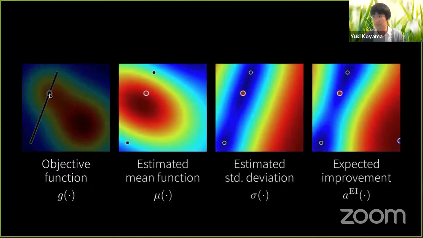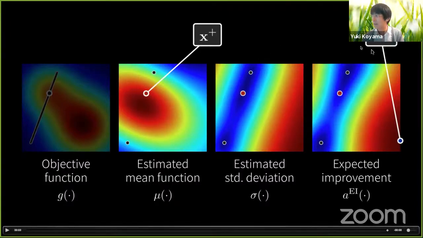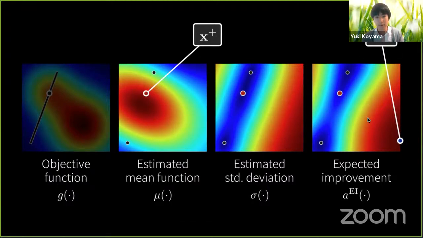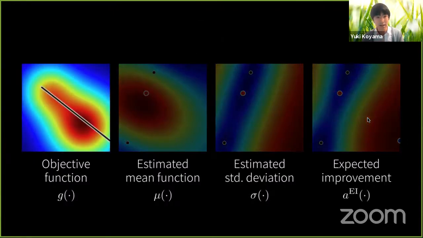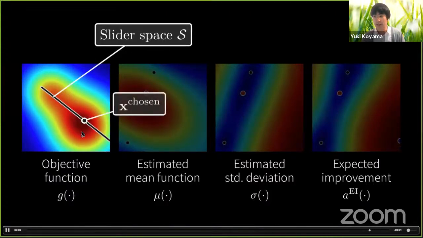By using this information, the system updates the internal models, and especially the system obtains the X plus, which is the current best point, and the XEI, which maximizes the acquisition function. By connecting these 2 points, the system determines the next slider space. And by using this space, the system queries line search and then obtains the X chosen.